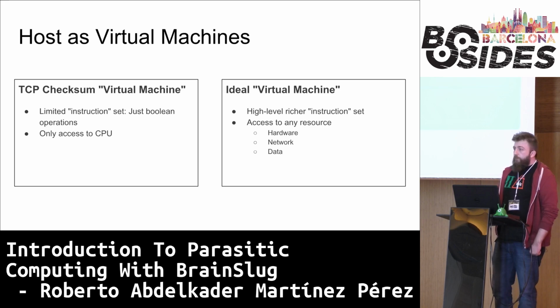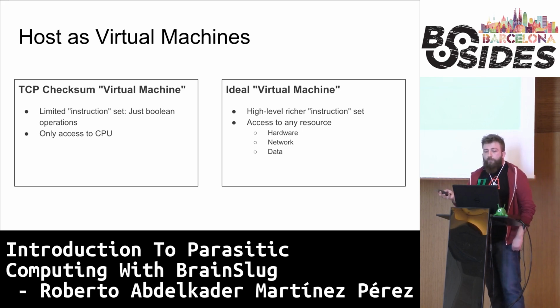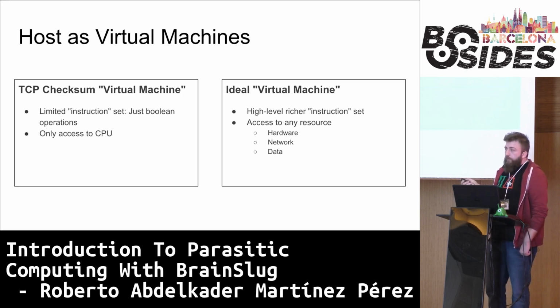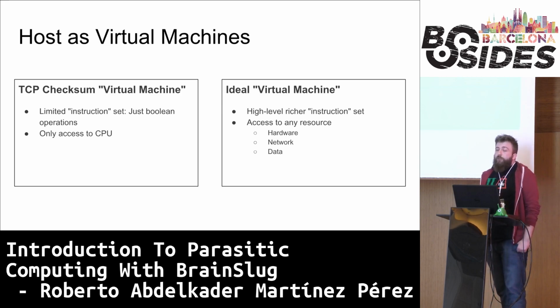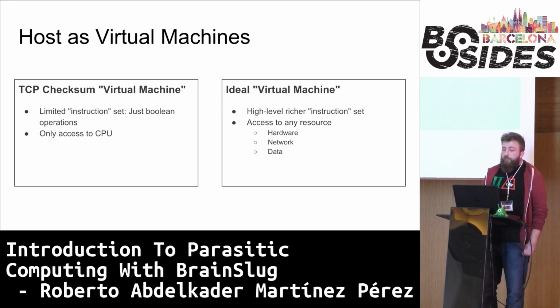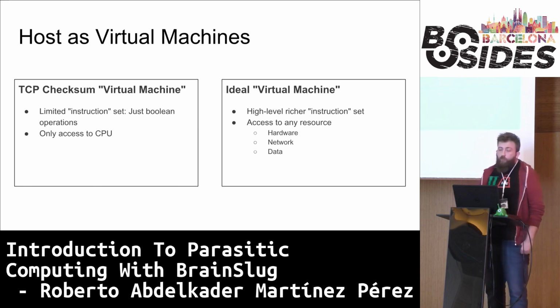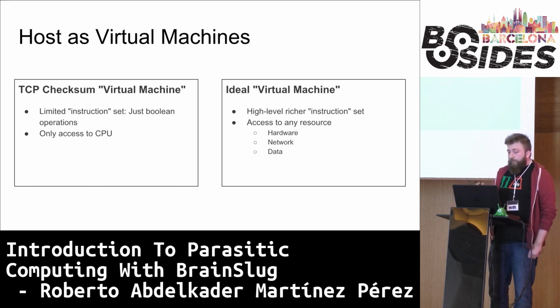If this TCP checksum function were a virtual machine, these would be the properties: the instruction set of this virtual machine is very limited, because we can just compute Boolean operations, and we could only access the CPU of the host.